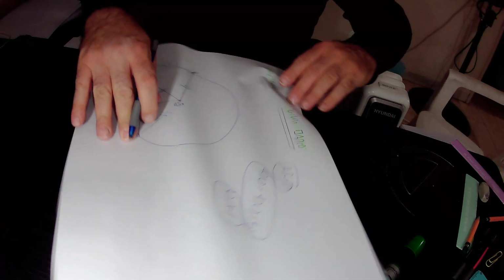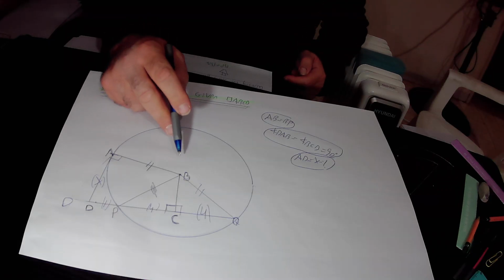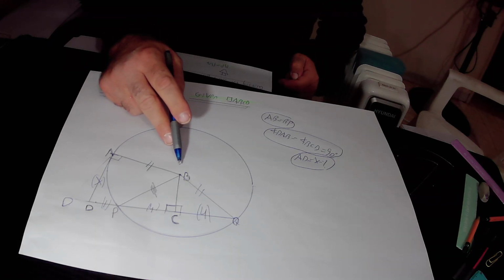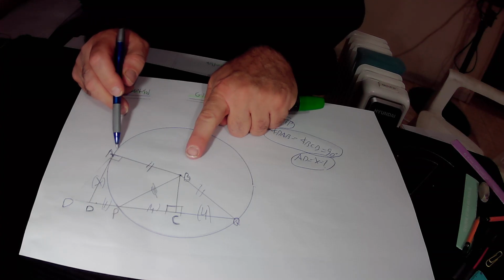So, we draw this circle, and the center of this circle is point B according to our construction, and BA is the radius of this circle also according to our construction.